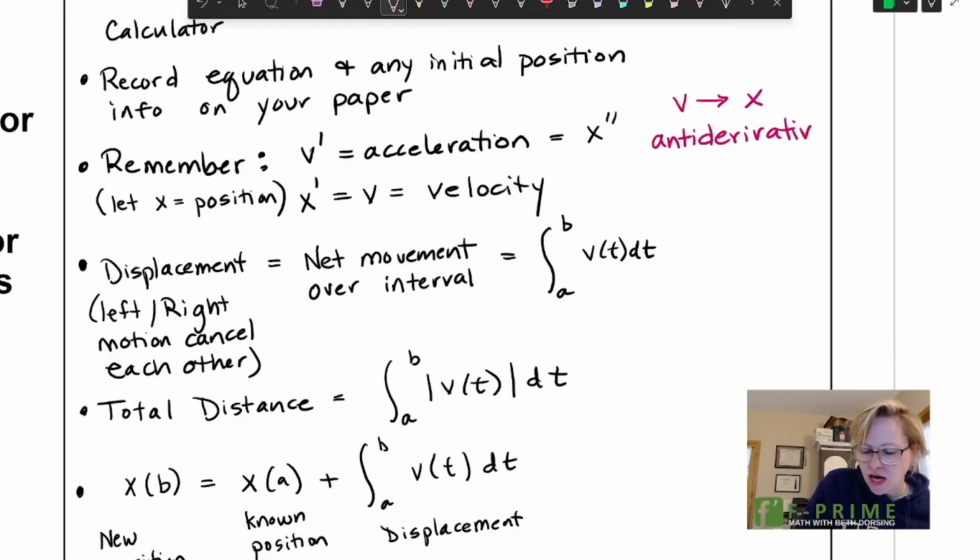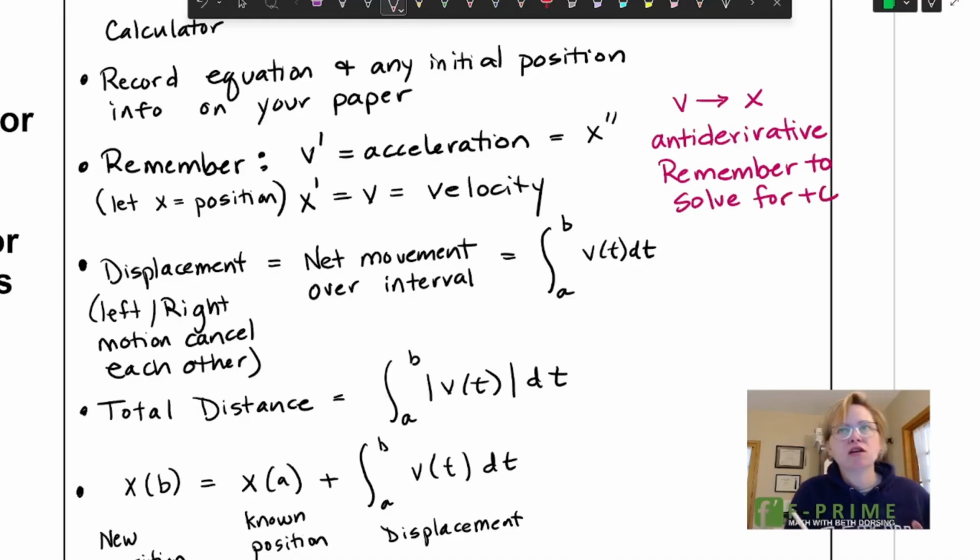And when you do that, you need to remember to solve for that constant of integration. So if ever you're asked to find an equation or an expression for the position, that's when you do the antiderivative. You have plus c, and you're going to use that initial position to solve for that c value.